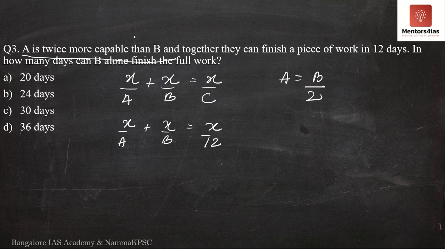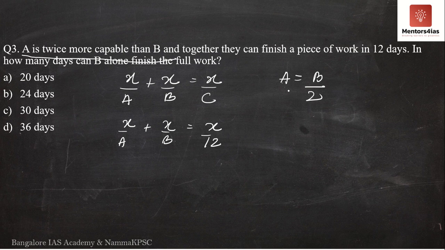A is twice more capable, then A should be able to do the entire amount of work in half the number of days when compared to B. Therefore, can I write A as A equal to B by 2? Of course, right? Because he is able to do the entire work in half the number of days.